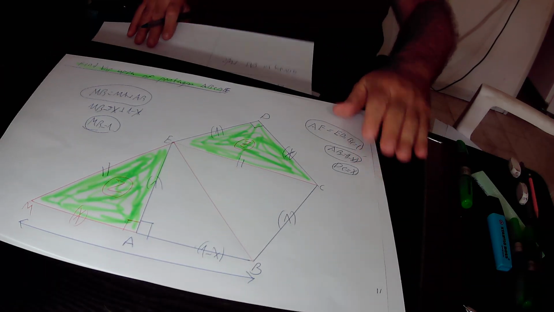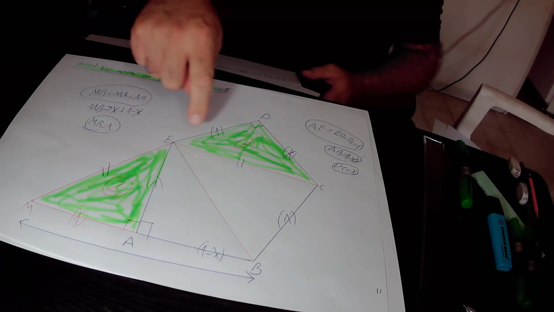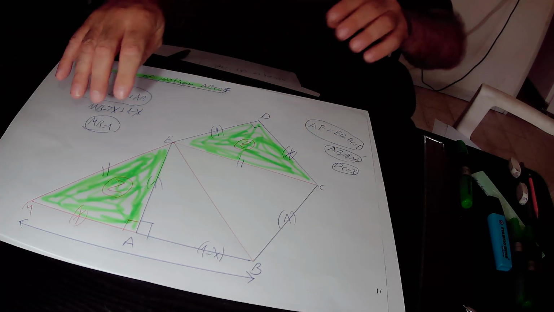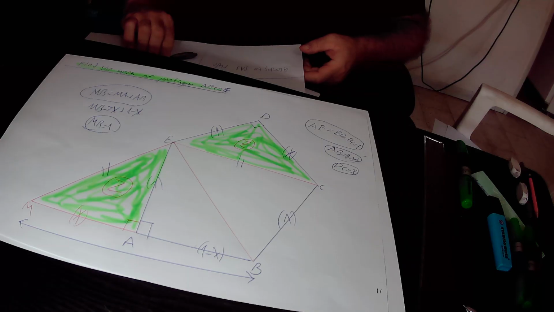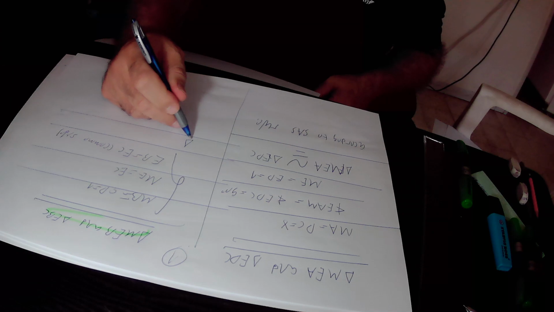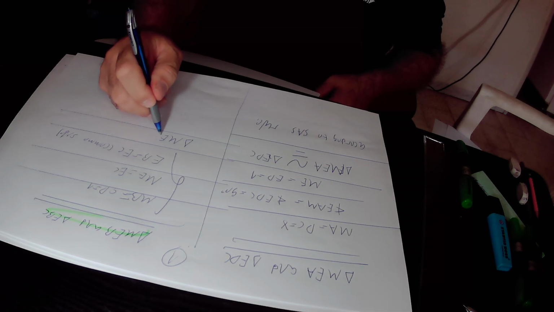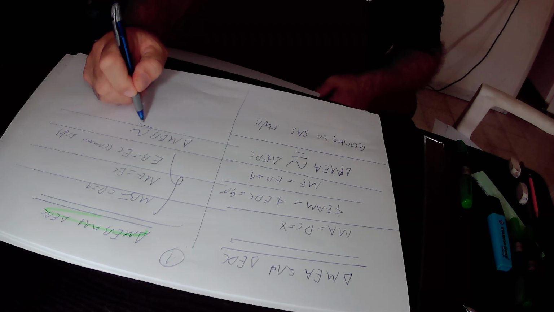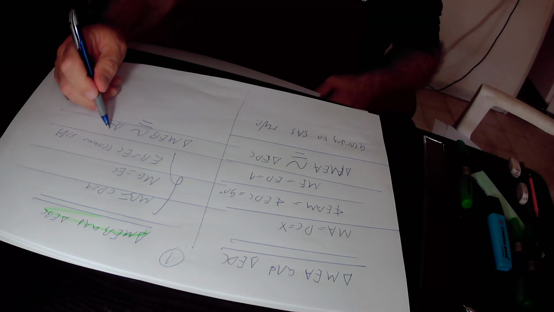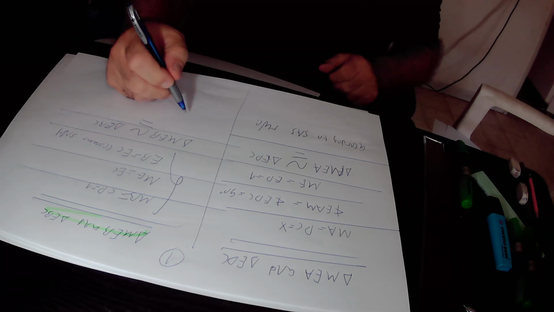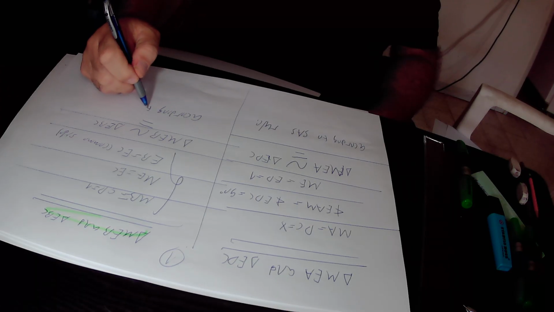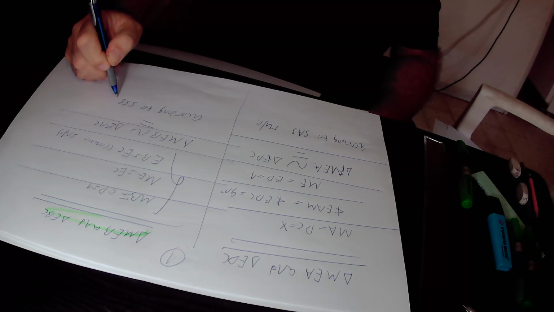So we prove that all the three sides of this triangle MEB are correspondingly equal to all the three sides of this triangle EBC, and therefore those two triangles can go into each other according to side rule. So I'll write it down: triangle MEB is congruent to triangle EBC according to side rule.